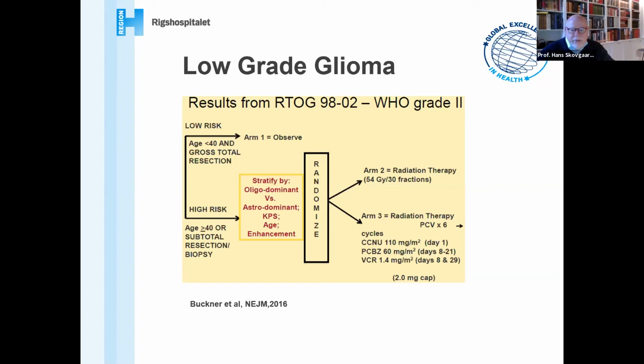But then they did the randomization, and in the one arm they gave them radiotherapy alone, and the other arm radiotherapy plus chemotherapy as an adjuvant setting with CCNU, procarbazine, and vincristine. It's an old schedule which is not used very much anymore.